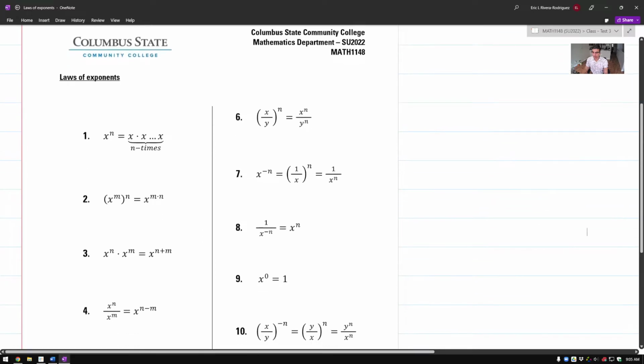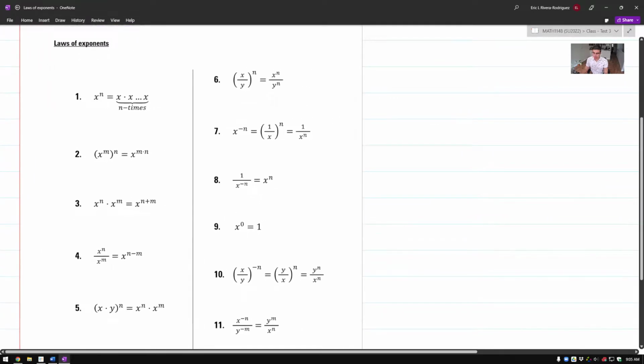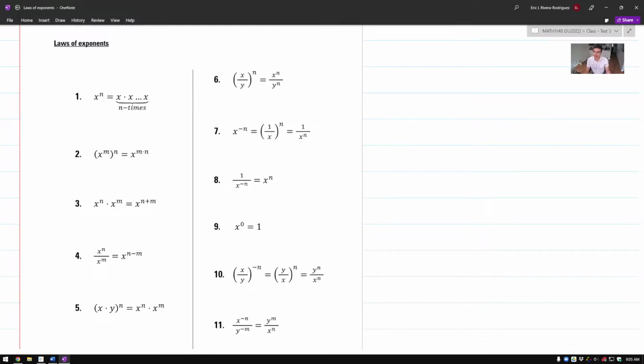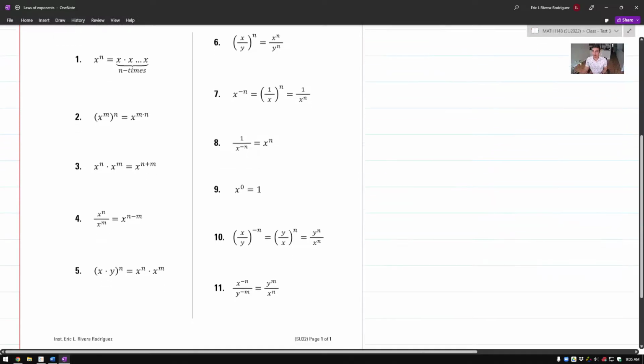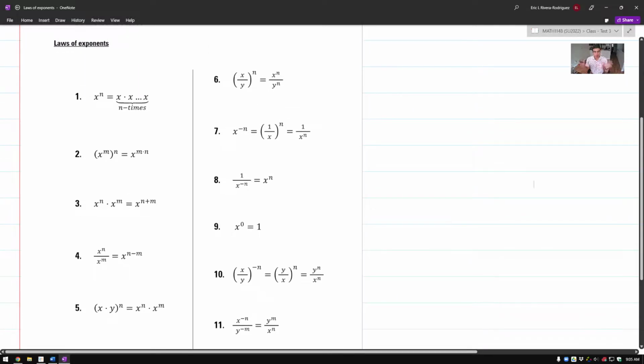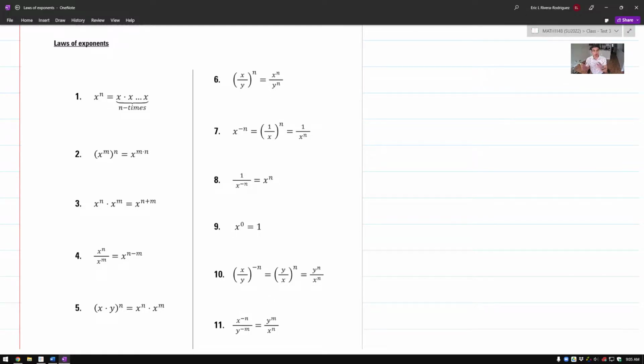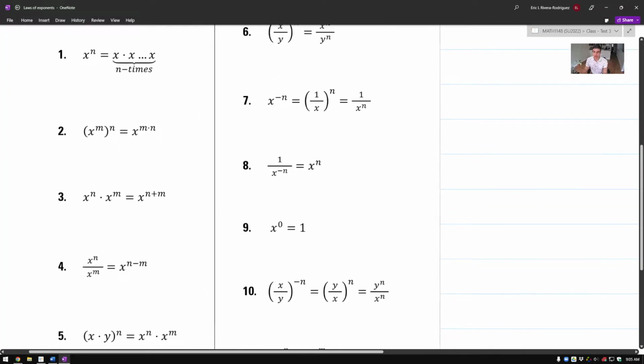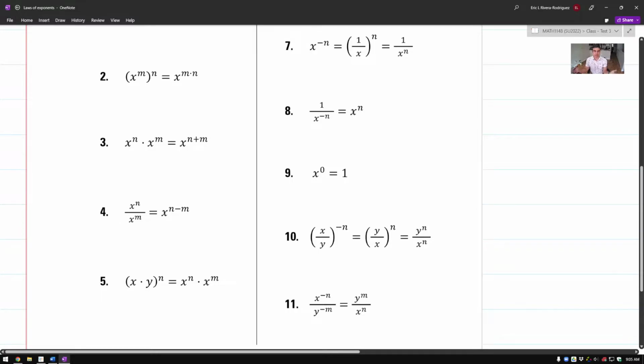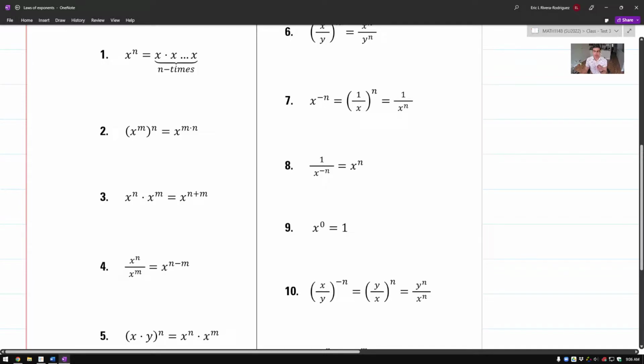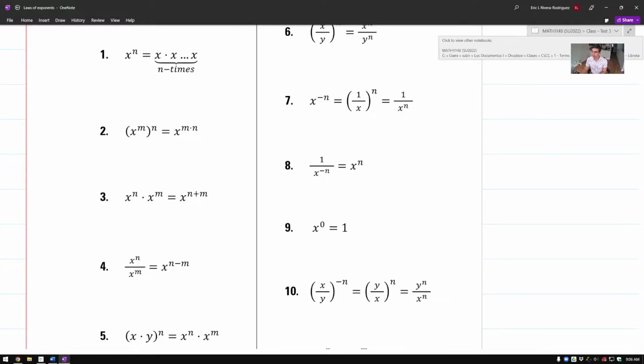Here I put 11 properties, or 11 laws, of exponents. I'm not going over this, but this is something important that you need to know, understand, and know how to use. If you have a particular question about each of these properties, let me know so we can stop and work on those questions. But if not, keep this document as a reference when working with the equations that I'm going to be presenting today.